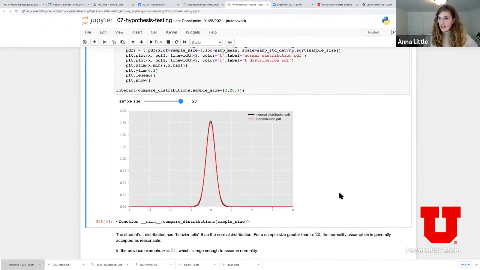Okay, thank you. You're welcome. And then isn't 40 commonly accepted in basic stats as a condition for assumed normal? Yeah, I would say 40 is also a reasonable number. Sure, 30, 40. I think it may vary a little bit with what textbook you're looking at.